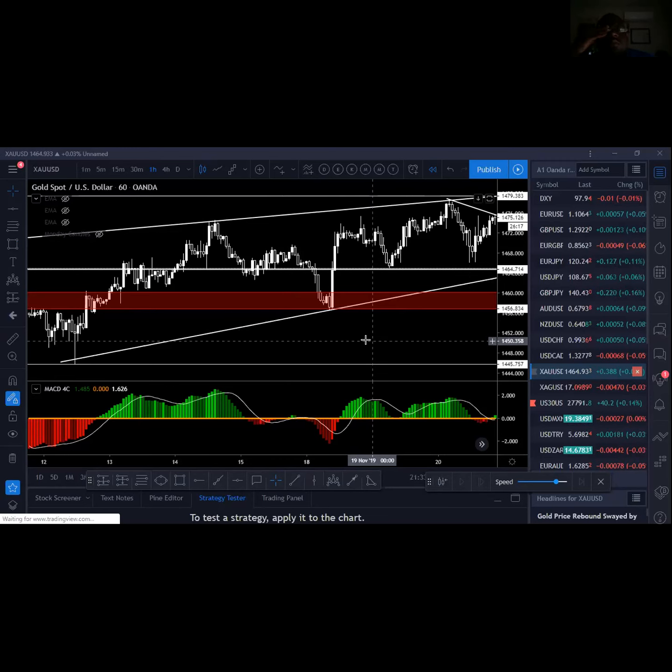Okay, so everybody should be a little bit more comfortable when marking up the support, resistance, trend lines and the PRZ, price reversal zones.